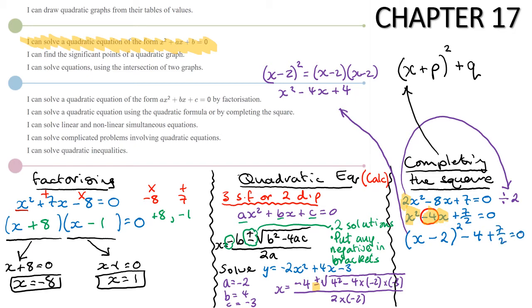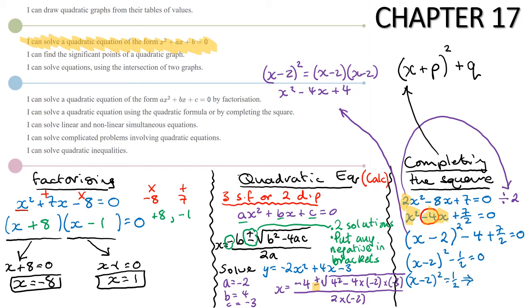Then the last step is just to put together the minus 4 plus 7 over 2, which will leave you with minus a half equals 0. And all we do is rearrange it to make x the subject, and then that will give us a solution. So we add half to both sides, like this.